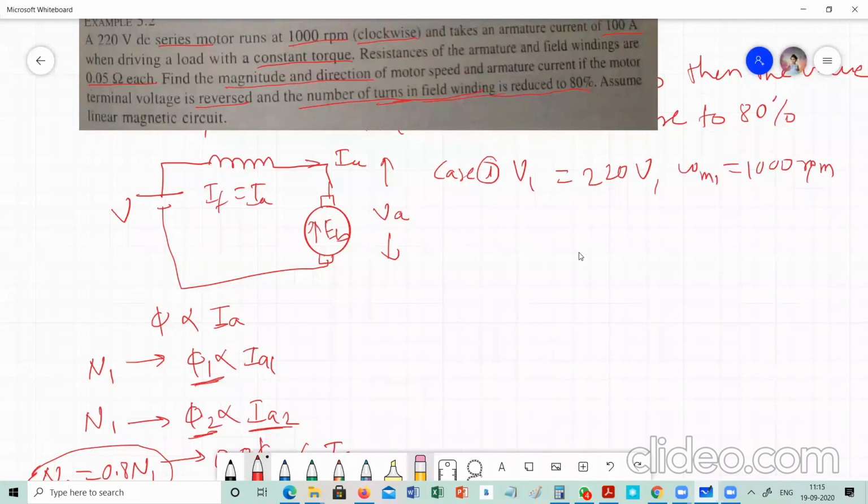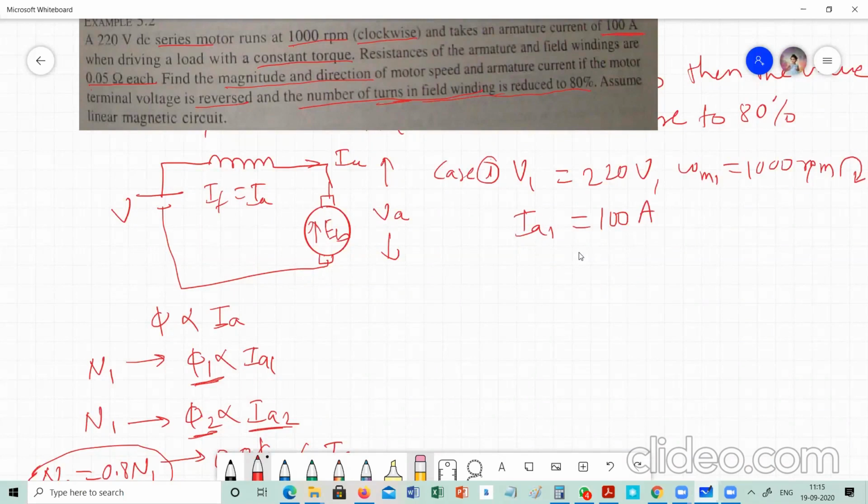Means what? This direction, clockwise direction. Again, the current was 100 ampere. So IA1 is equal to 100 ampere.